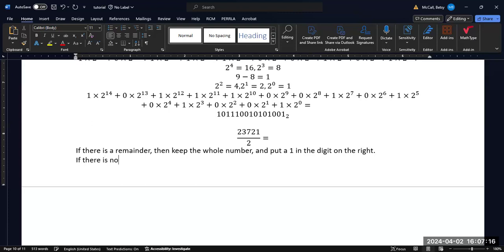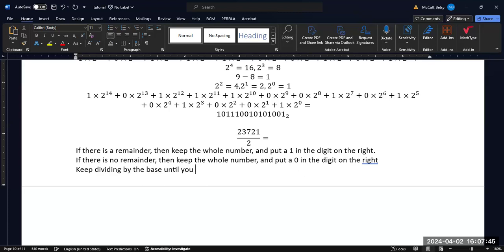If there is no remainder, then keep the whole number and put a 0 in the digit on the right. And then keep dividing by the base until you get no whole numbers left.